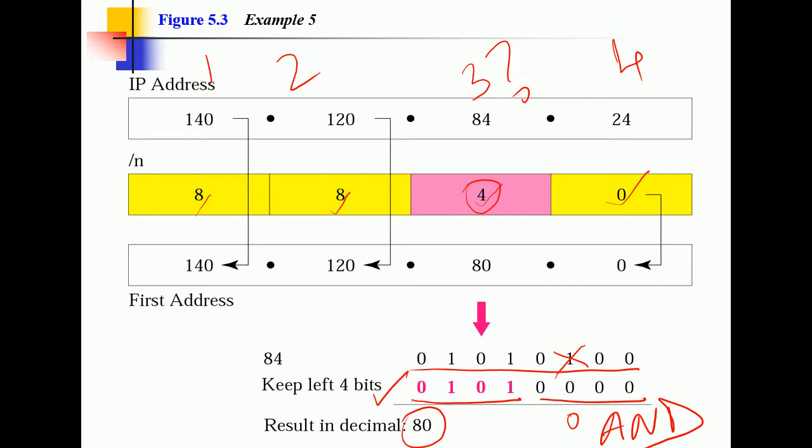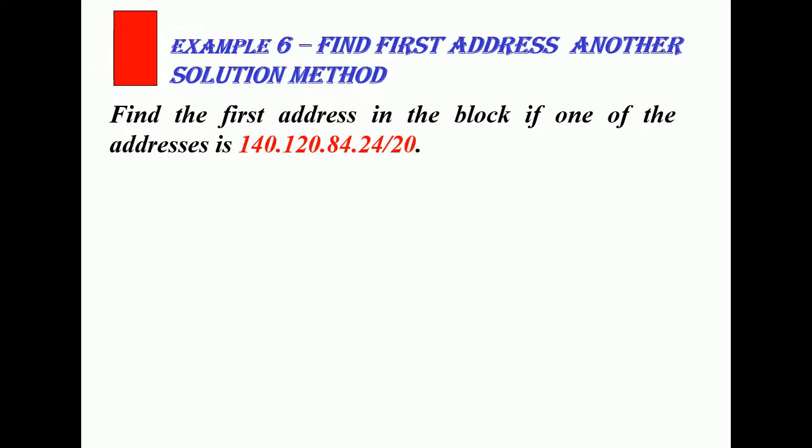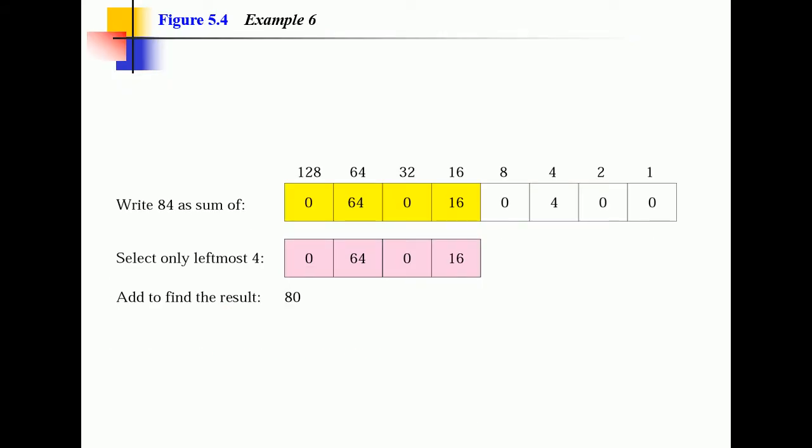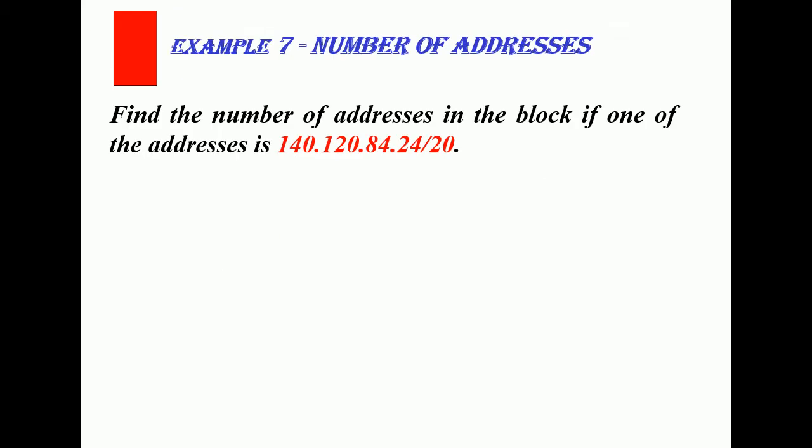So this can be a method through which you can also calculate the first address in a block. One more method is similar to the previous one: write down the values of only that particular octet which is different, leave this portion because there's no need to calculate, and when you calculate it, this becomes 80 without converting it into binary.